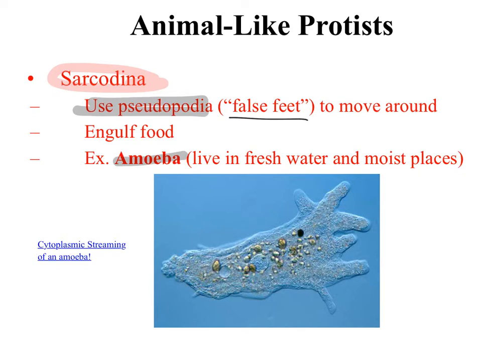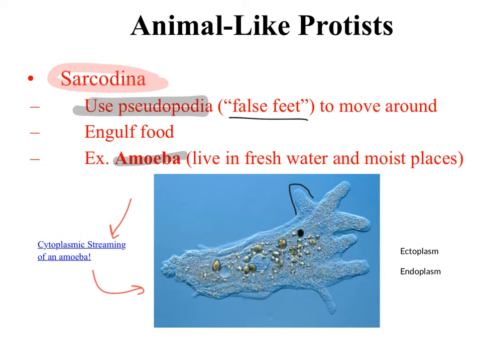A really good video that I would encourage you to watch is this one. Here is a still shot from this video showing us an amoeba. These little projections here are pseudopods. You will notice that there's more than one, so the amoeba can create several pseudopods at one time. There are two pieces of terminology here that are important to know: ectoplasm and endoplasm.